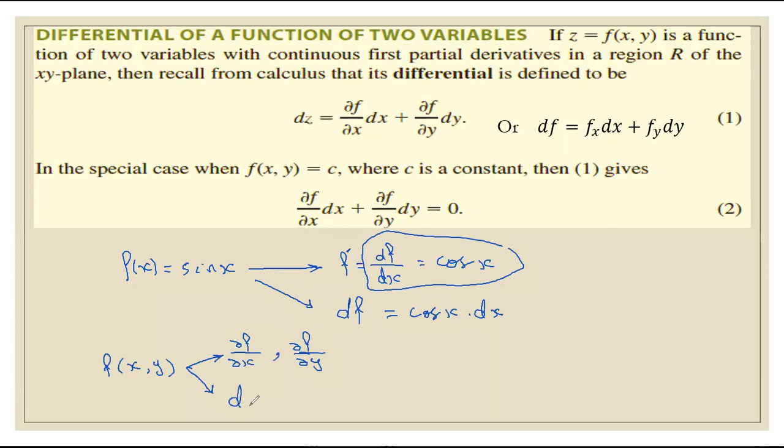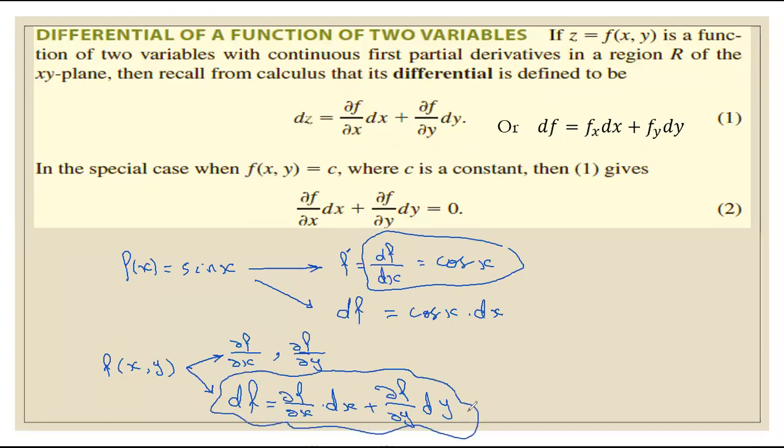It can be written like this, df equals, it's a rule, partial f by partial x times dx plus partial f by partial y times dy. I'm not sure if you remember this formula in calculus 3, but it is very easy. So the differential of any function with two variables can be written in this formula. Partial of the function with respect to the first variable times dx, and partial derivative with respect to the second variable y times dy.